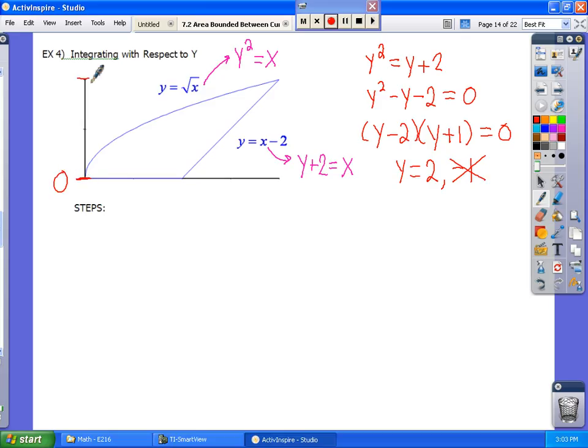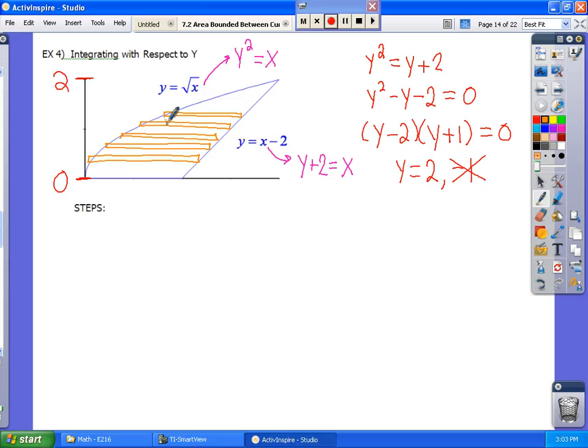In step number 3, we're supposed to identify our right and left functions. The reason why we're using right and left is because we're doing this in terms of rectangles that are horizontal. We do top minus bottom when our rectangles are vertical. The top comes first because it's the bigger values, and for these rectangles, the bigger value is always going to be the right function, which is over here.